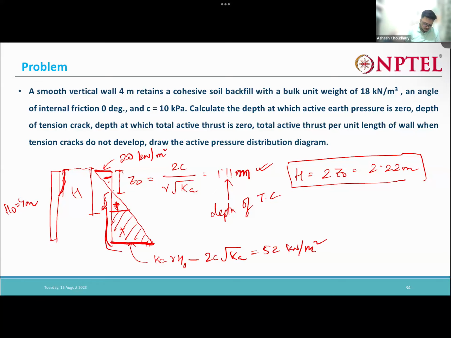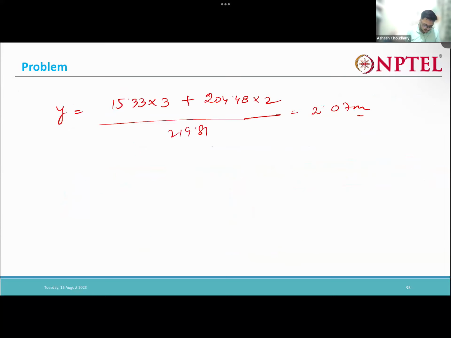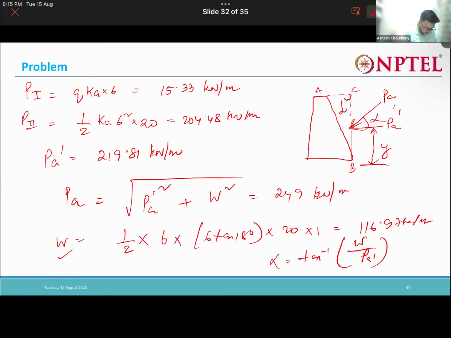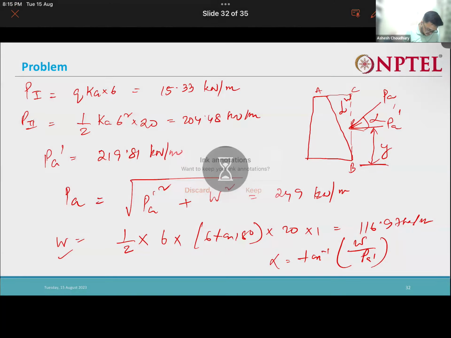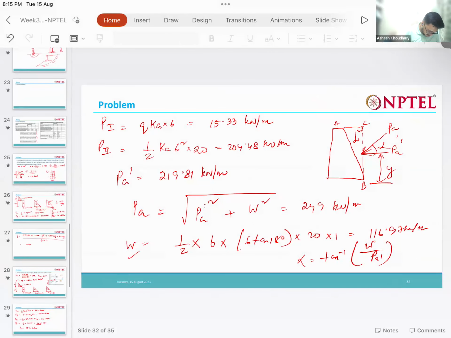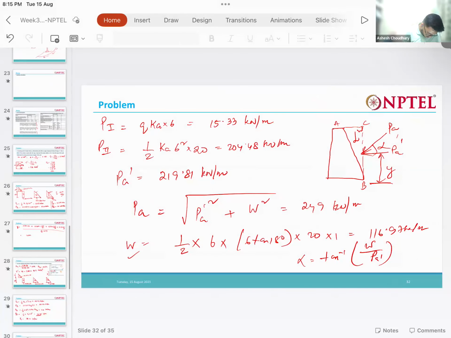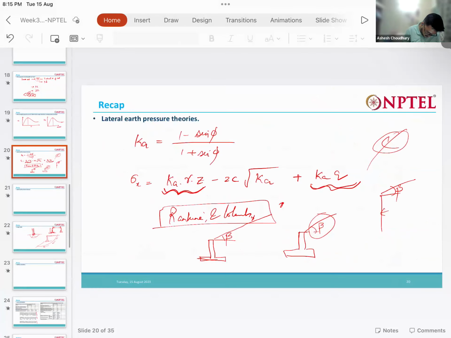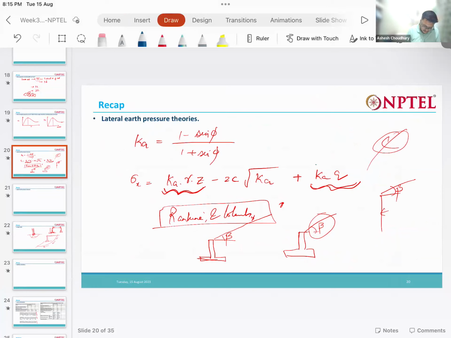Okay, so how are we getting that? Let us go back a little bit. Say this is zero, so z is zero. What is the earth pressure?